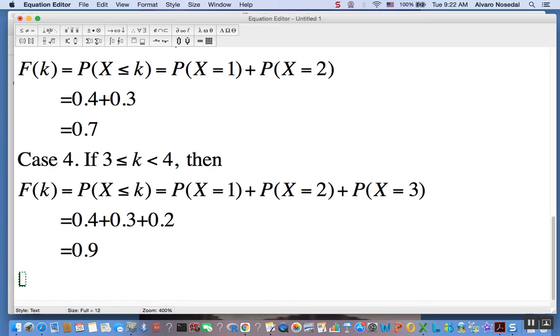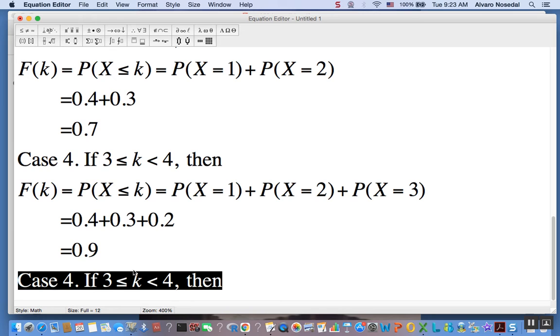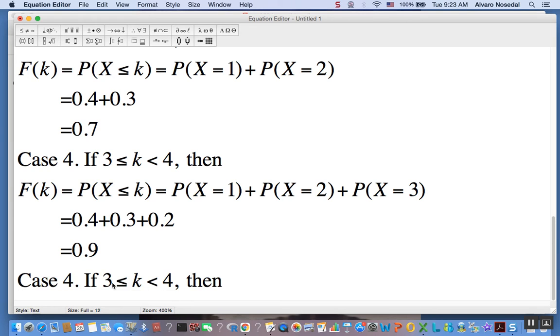We're almost there, because as we said, we would like to define this function, uppercase F, for any number between negative infinity and infinity. So last case, case 5. If k happens to be a number between 4 and infinity, okay?